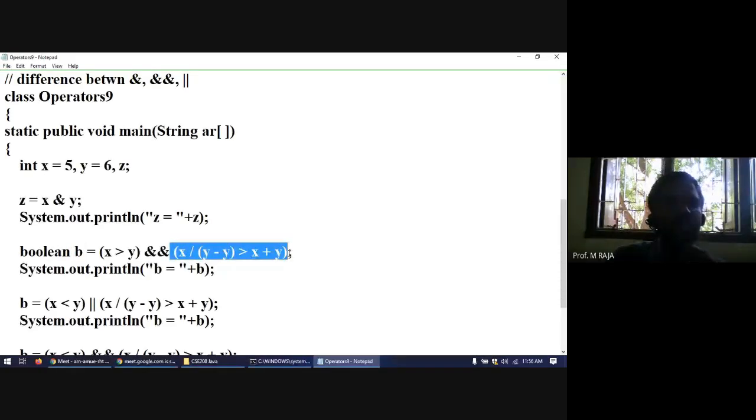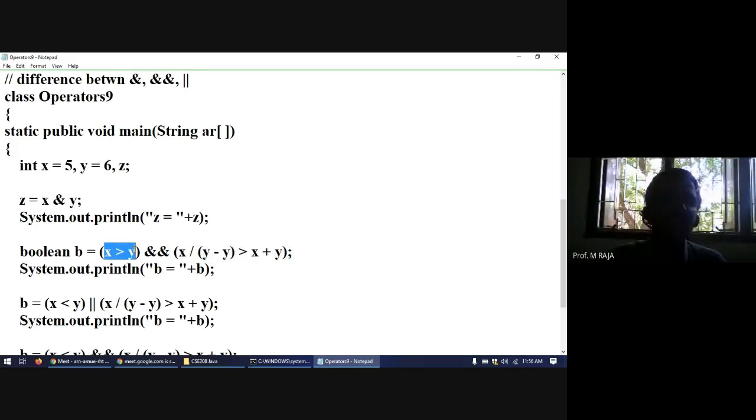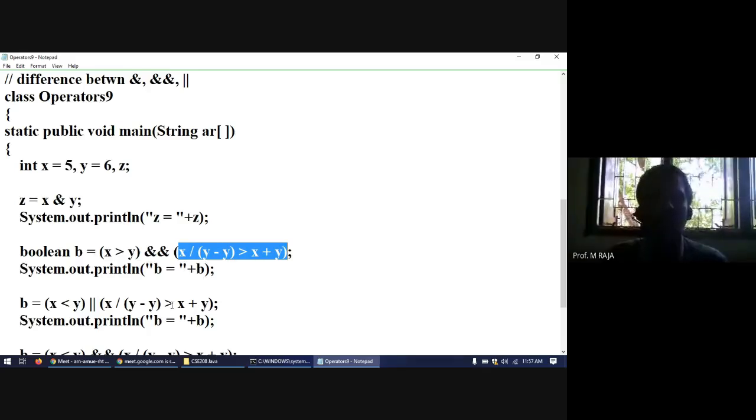Carefully look at the right hand side expression we have written: x division y minus y. y is of course 6, so y minus y becomes 0. Something divided by 0 cannot be evaluated. This results in an arithmetic exception, a runtime error. So without reporting the runtime error, the right hand operand is logically not evaluated. Only the left hand operand x greater than y is evaluated. Since this determines the value of the entire expression, the right hand operand is not evaluated. So the value of the Boolean variable b is set to false.